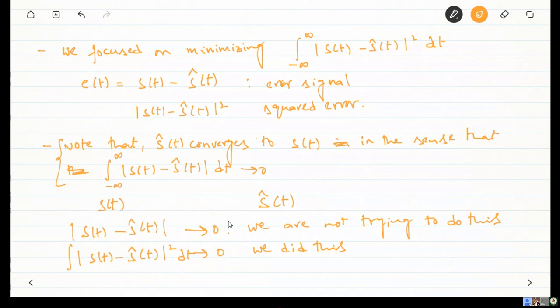So you are trying to construct s hat of t in such a way that the energy in the error signal, where the error signal is s of t minus s hat of t, goes to 0, but not that the error signal itself goes to 0. We are focusing on making the energy in the error signal go to 0. So keep this point in your mind.